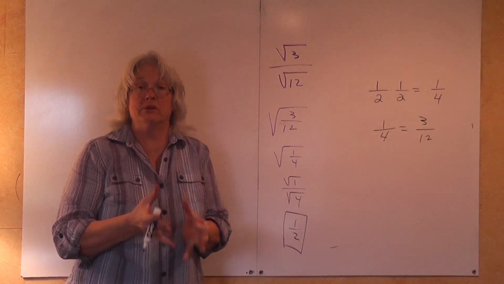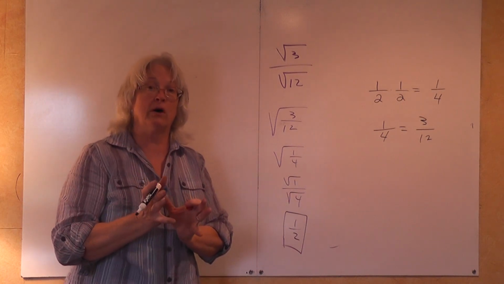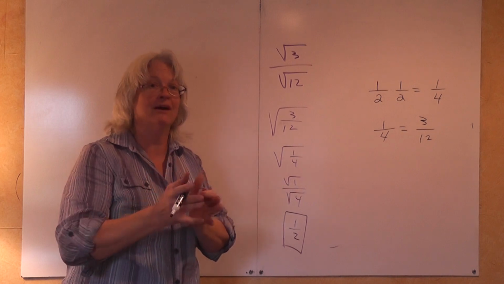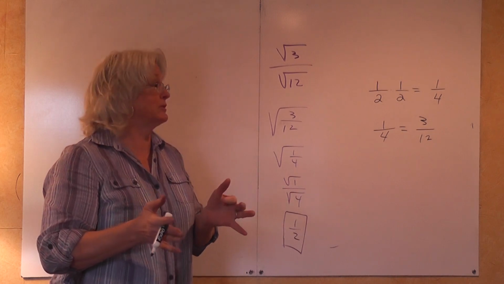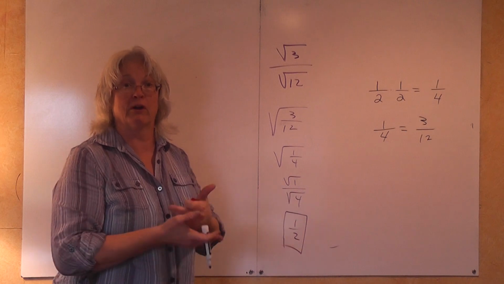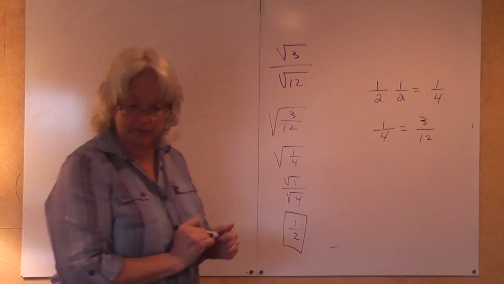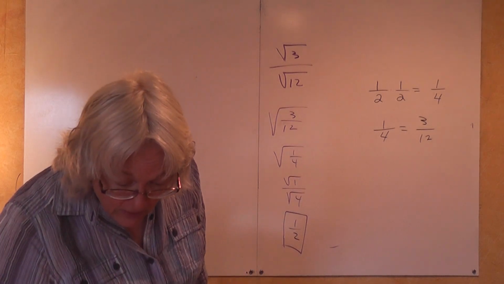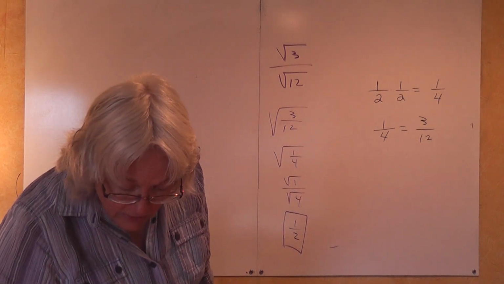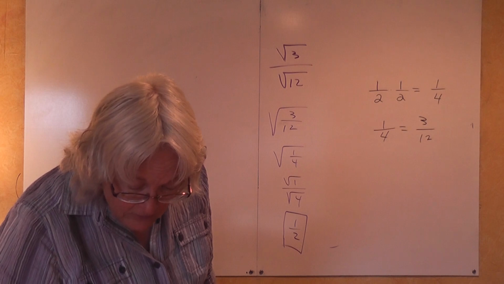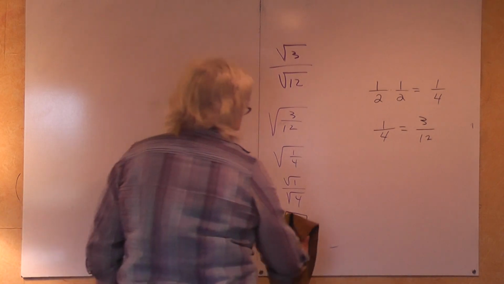This is new material. It's going to take a little while for you to get your minds wrapped around it. You have to get your minds wrapped around it though. Radicals are with you for the rest of your life as long as you're doing math from Algebra 1 on up. So let's go ahead now and look at the square root of 2 divided by the square root of 75.